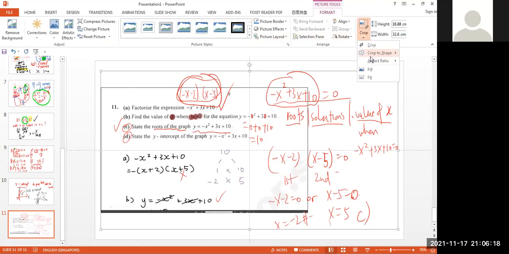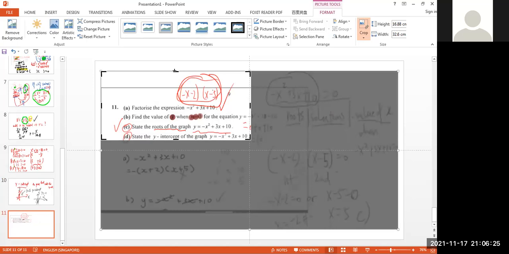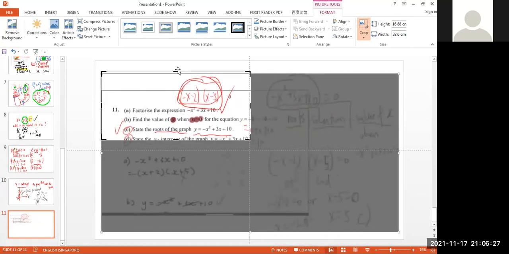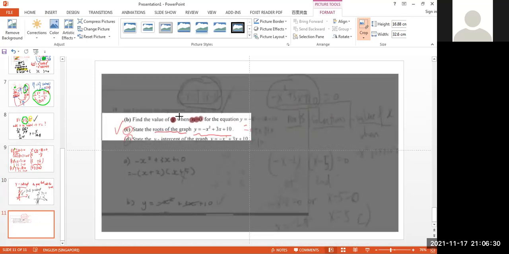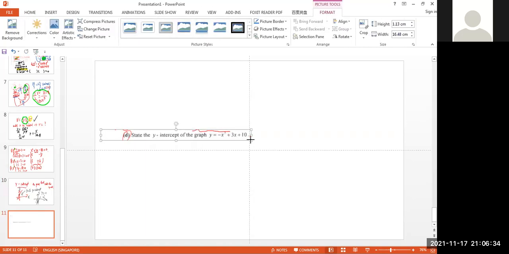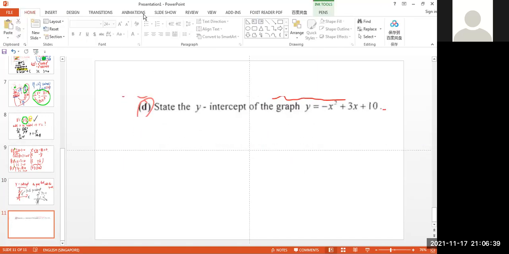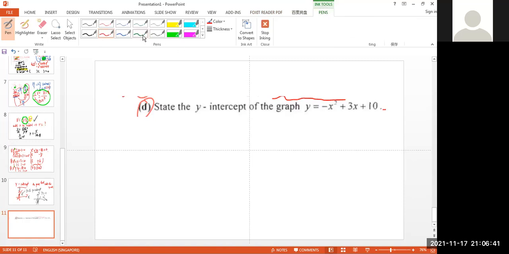Where it cuts the y-axis is when x equals 0.